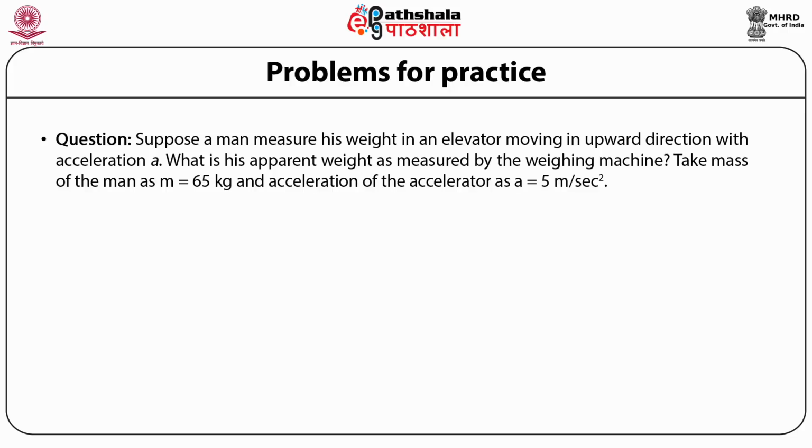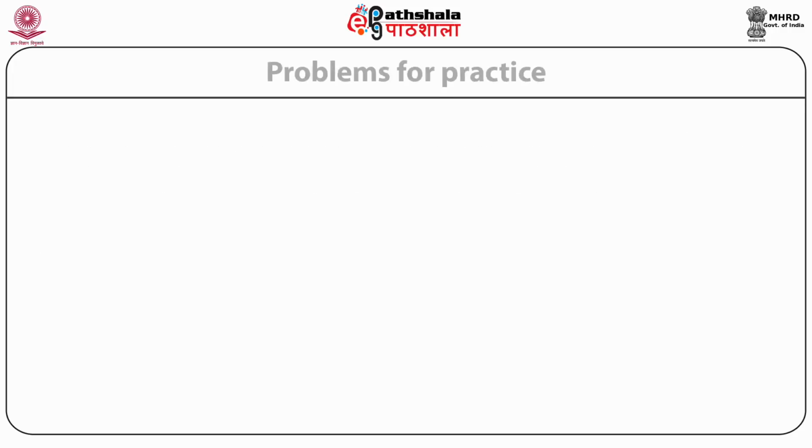So use the laws of motion to find out the answer, and the answer is 962 Newton. But as I said, use the laws of motion to find out the answer, whether you get the same answer or not. Here is another problem for practice.